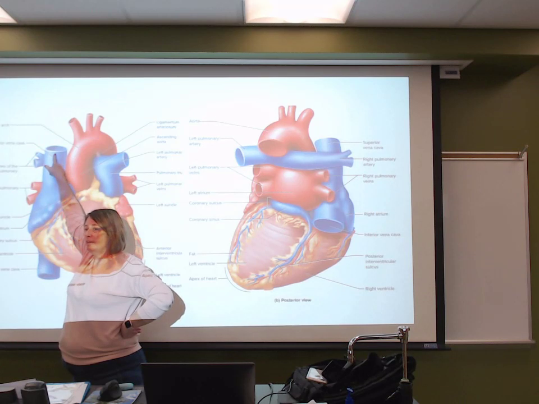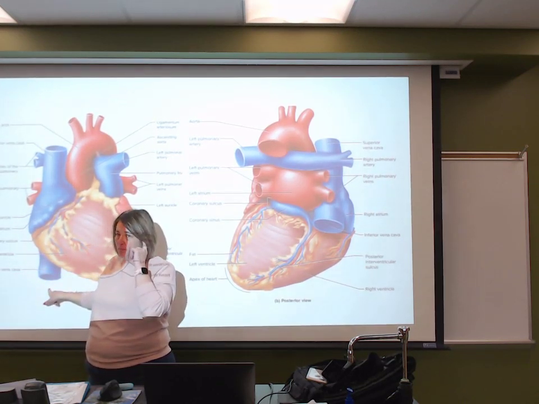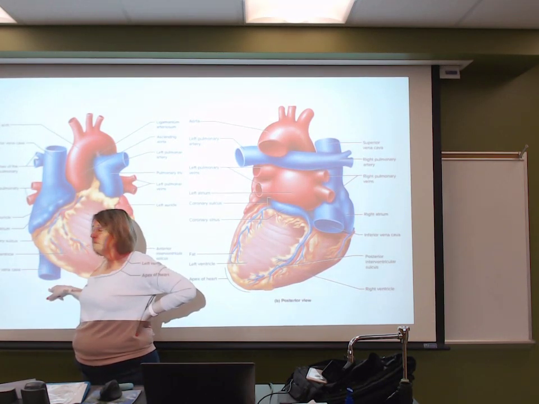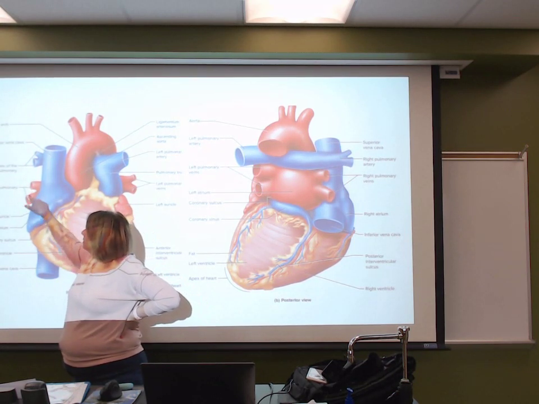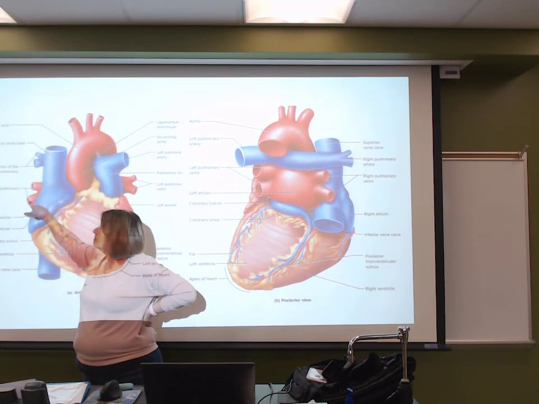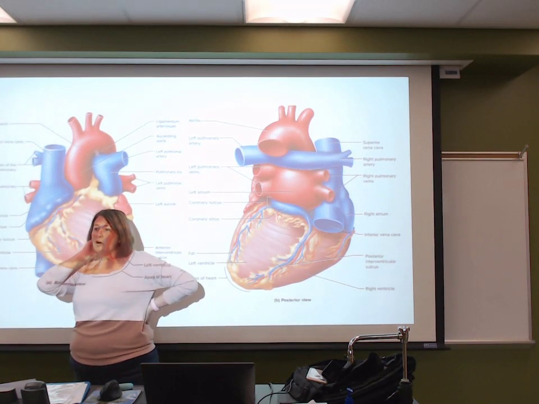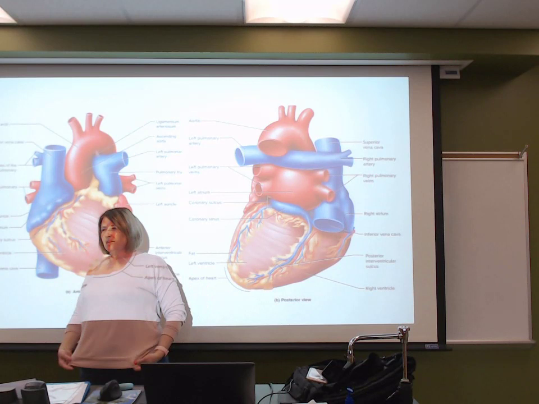Superior vena cava, inferior vena cava. Right pulmonary veins, right pulmonary artery. Now, I want to stop right there for a second.